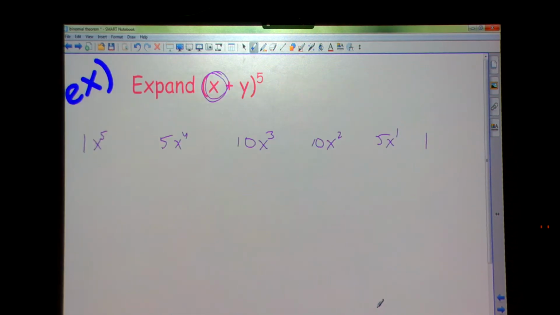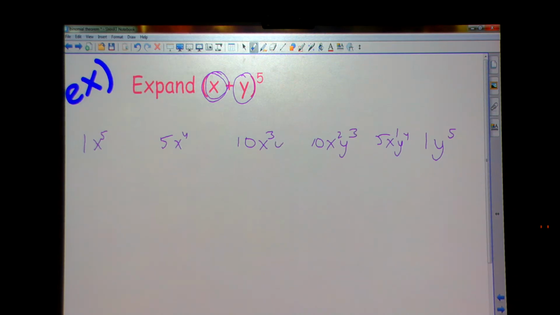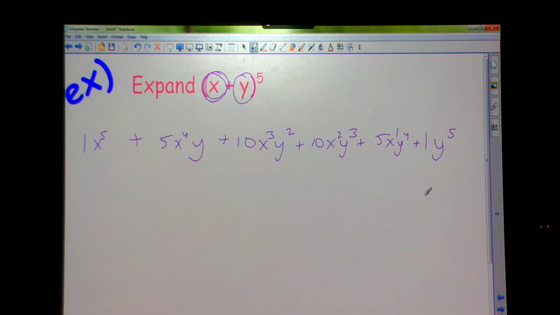Now the other way, instead of counting up, I look at it as just starting at the other end. So I do the same for y, but I start down here instead of here. So this is y to the 5th, y to the 4th, y cubed, y squared, y nothing. Now in between are just pluses. And voila! That is x plus y to the 5th. Shortcut right there.